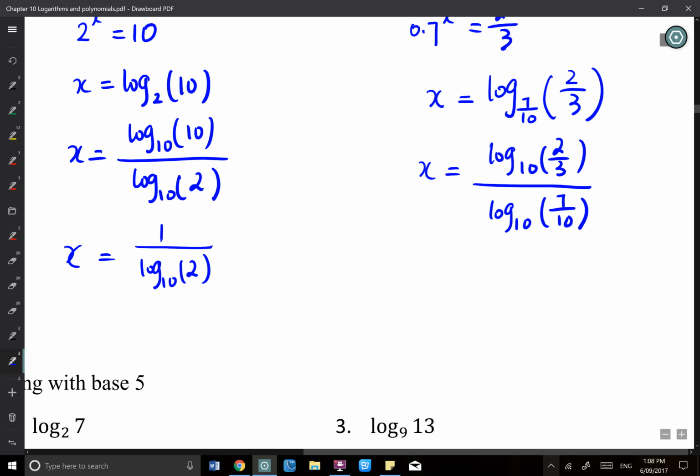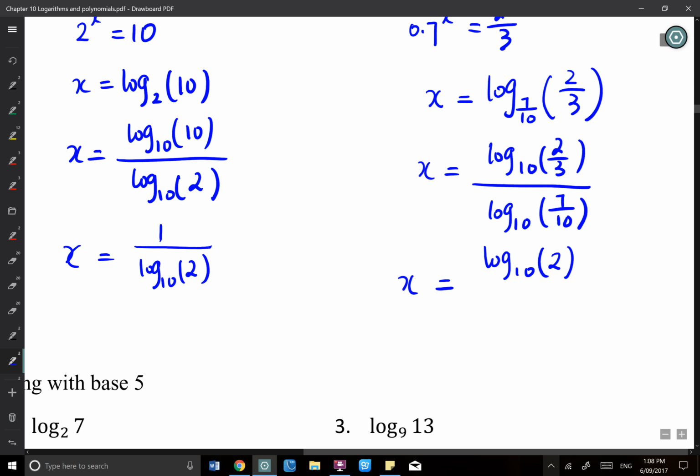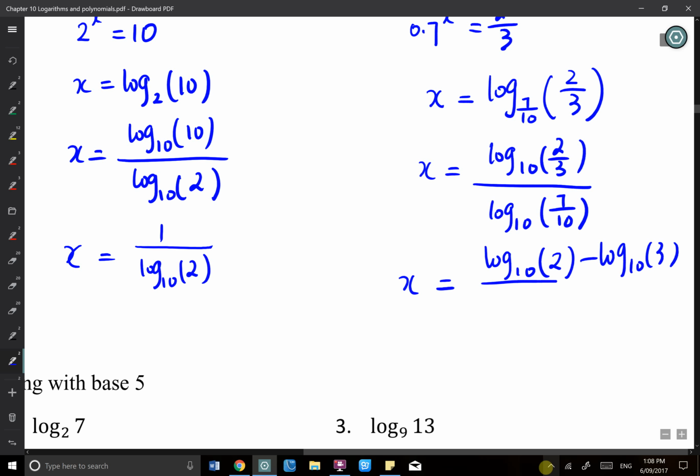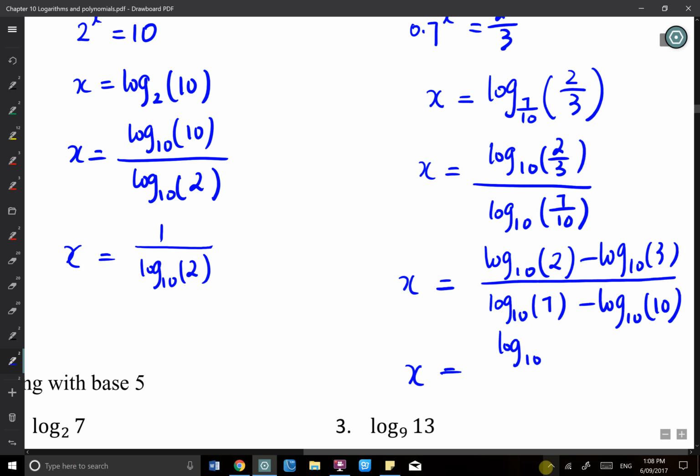I can do a bit more to that: that's log_10 2 minus log_10 3, divided by log_10 7 minus log_10 10. So x is log_10 2 minus log_10 3, over log_10 7 minus 1.